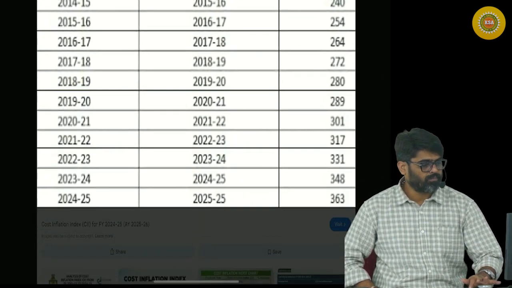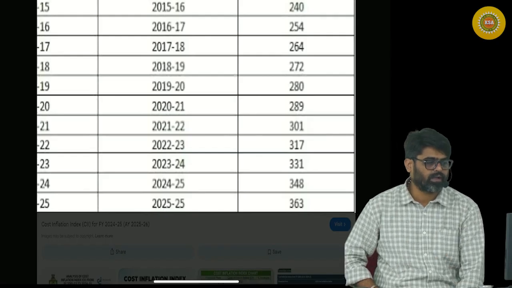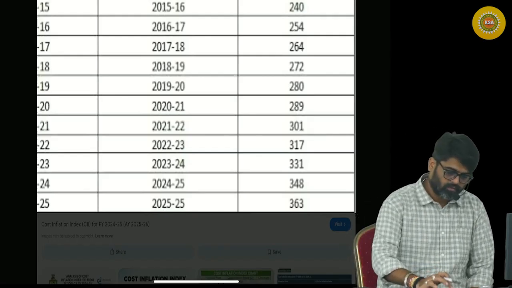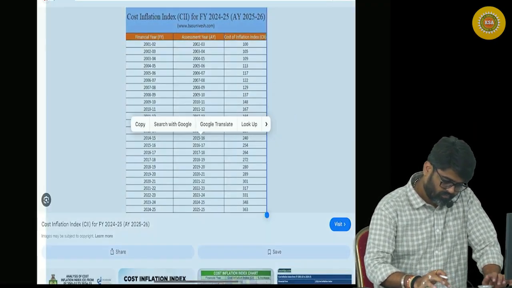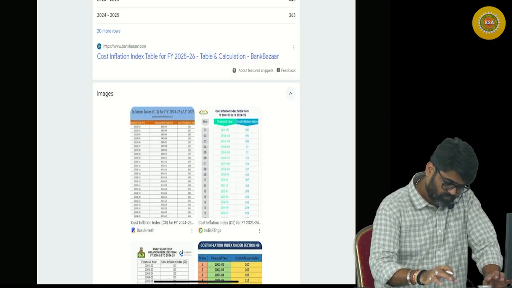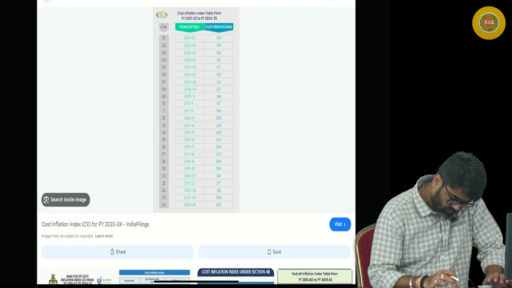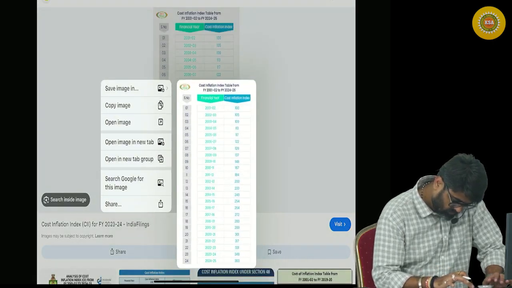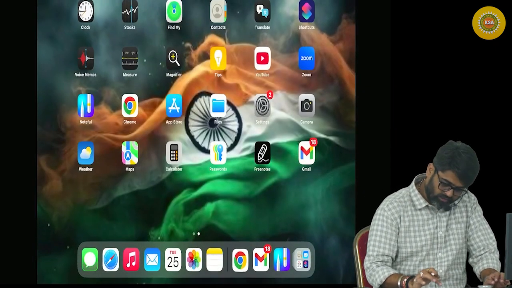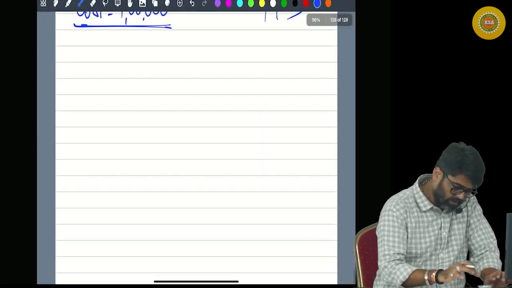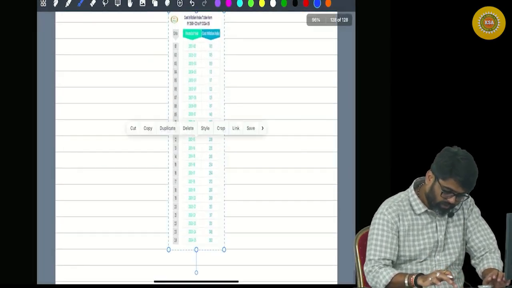Likewise, for the previous year, the financial year 24-25, what is the CII? 363. So what I'll do, I'll save the image. The image is saved in the photos, and now I'll take that image here, and then you'll come to know what I am trying to do.